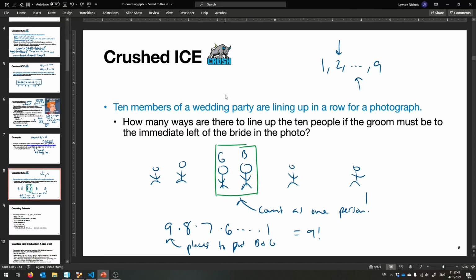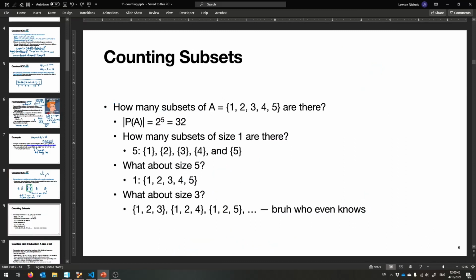That is the idea. So now let's move away from counting permutations to counting subsets. Let's try and figure out ways of counting different subsets now, not a set order like permutations are, but where order doesn't matter, because subsets don't care about the order.